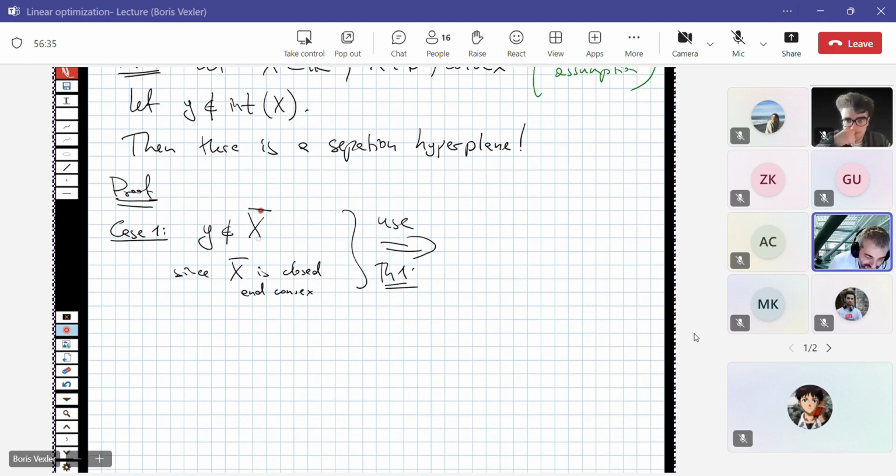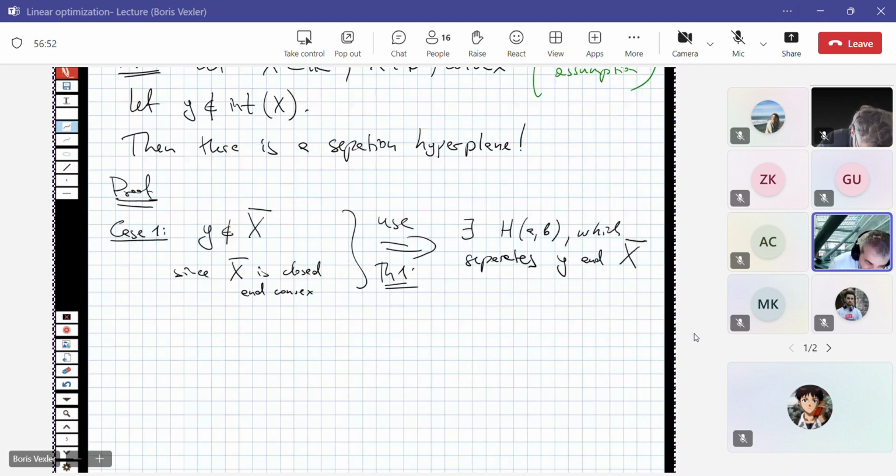Y is not in X bar, then we can use theorem one, which gives us the existence of a hyperplane H_AB. This hyperplane separates Y and X bar.